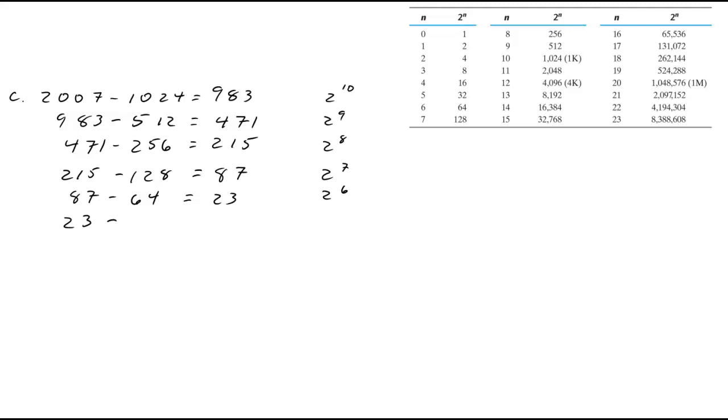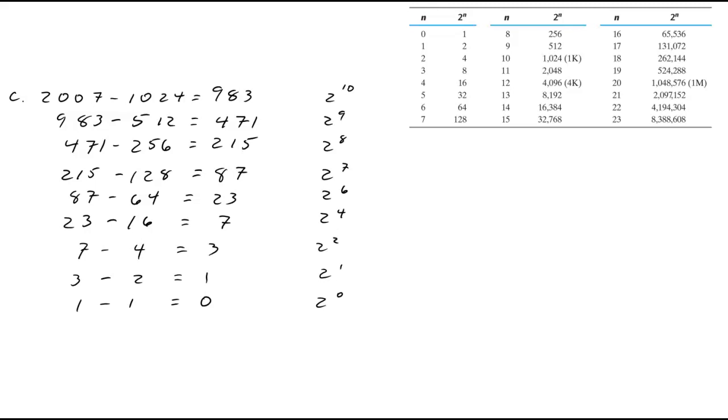From 23, we can subtract 16, which is 2 to the 4th. And that difference is 7. Now from 7, we can subtract 4, which is 2 to the 2nd, leaving 3. From 3, we can subtract 2, which is 2 to the 1st. And from 1, we can subtract 1, 2 to the 0.